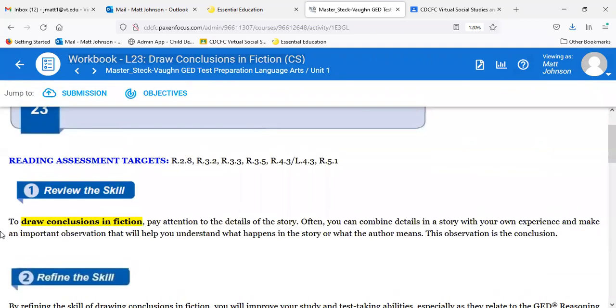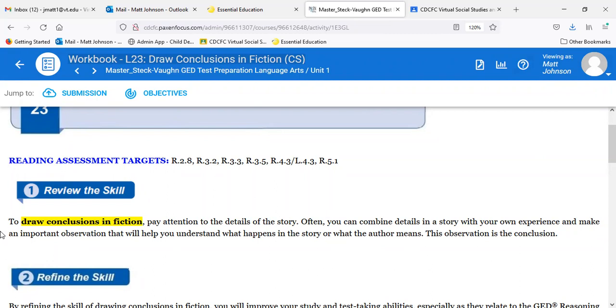And then it says to draw conclusions in fiction, pay attention to the details of the story, right? That's everything that we talked about. Building that fire, where he built it. Those are all details of that story. Laird's illness, being in a wheelchair, covered in blankets next to the pool, people worried about seeing him. All details of the story that you're going to be able to use to make inferences and then make conclusions.